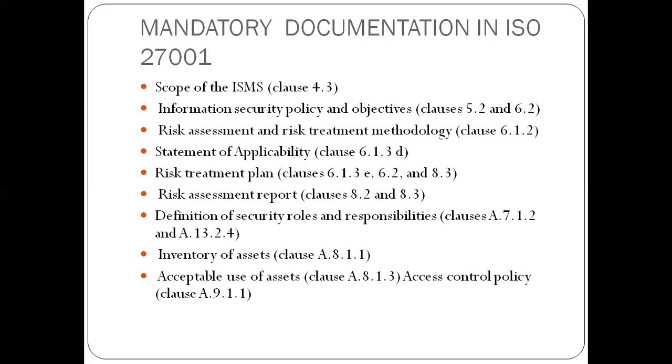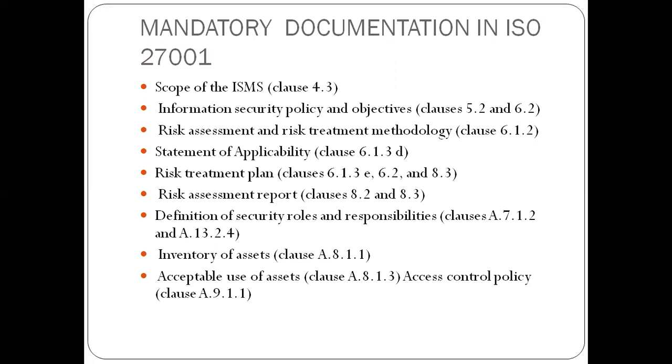It's very mandatory. The risk assessment report, clause 8.2 and clause 8.3. Clause 8 is operations, the Do, if you want to map the clauses to PDCA, Plan Do Check Act. So the risk assessment report is very compulsory in ISO 27001 implementation. Then definition of security roles and responsibilities.